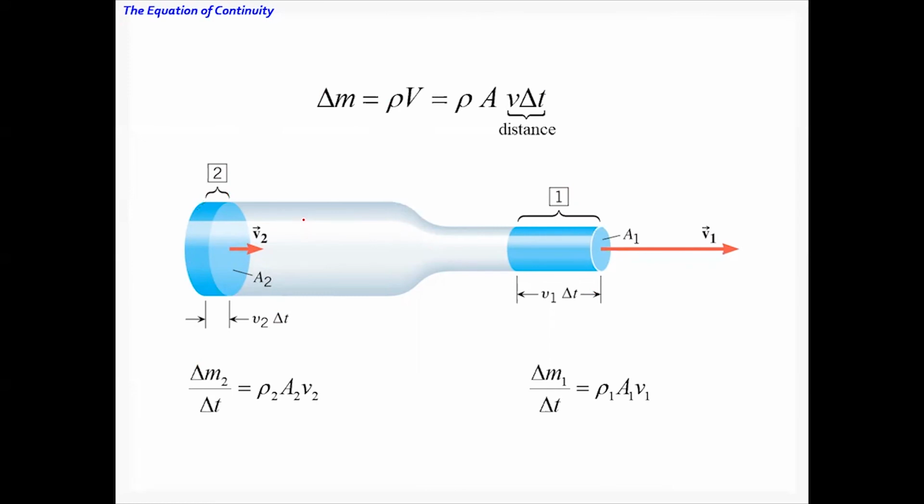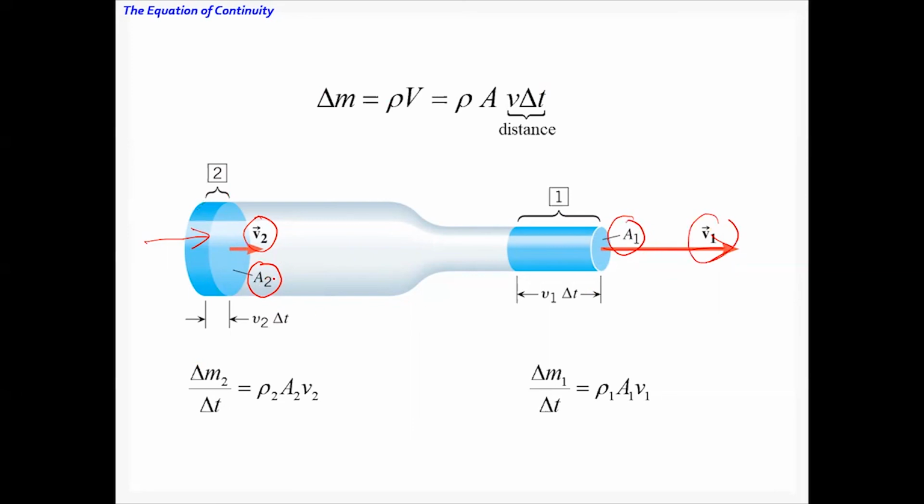Let us consider a tube as shown in the figure. In the figure, this is end 1, this is end 2. The water, or any fluid, goes into the tube and comes out from this end. Suppose the water flows into the tube with velocity v2, where the cross-section area is A2. When it comes out of the tube, the area of the tube is A1 and it comes out with velocity v1.